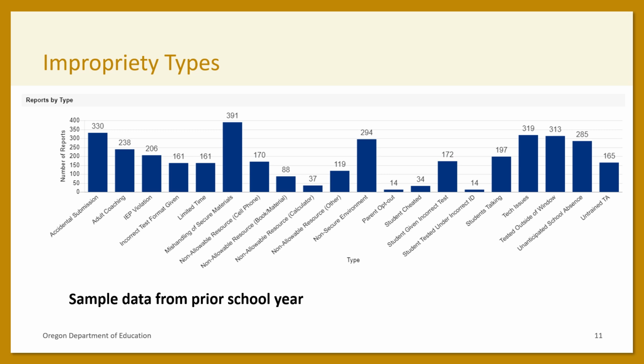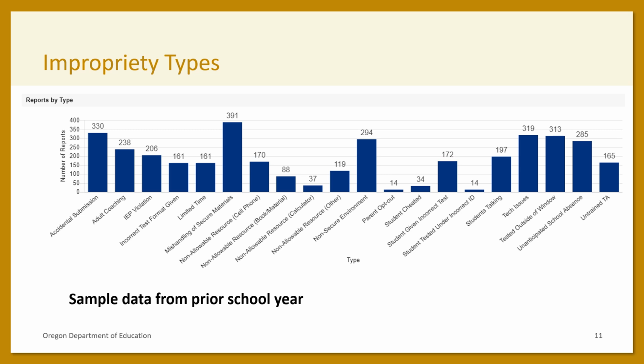The most common improprieties are mishandling secure test materials, accidental submissions, technology issues, and testing outside of the test window. While all improprieties are concerning, we continue to receive reports of non-allowable resources being provided as well.